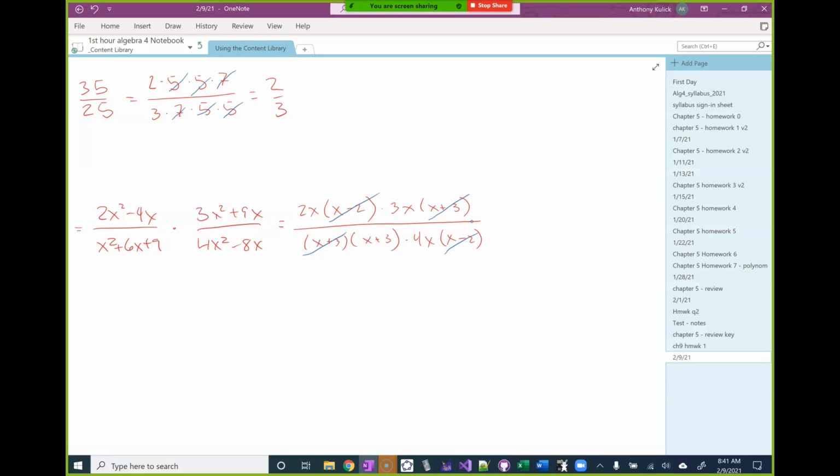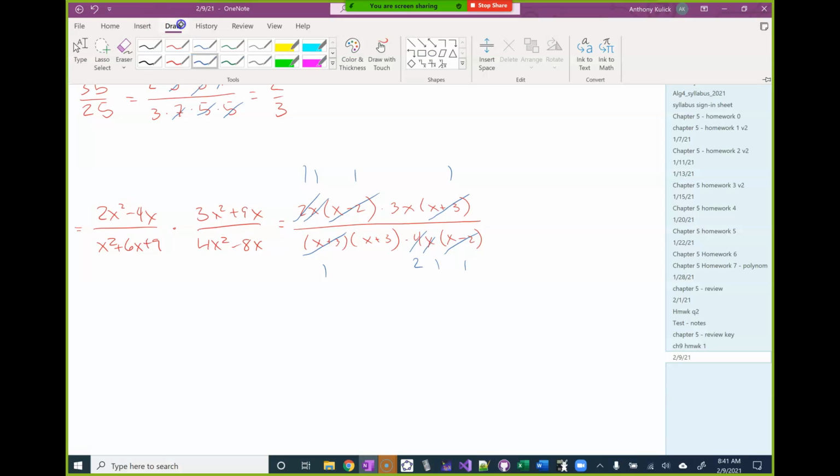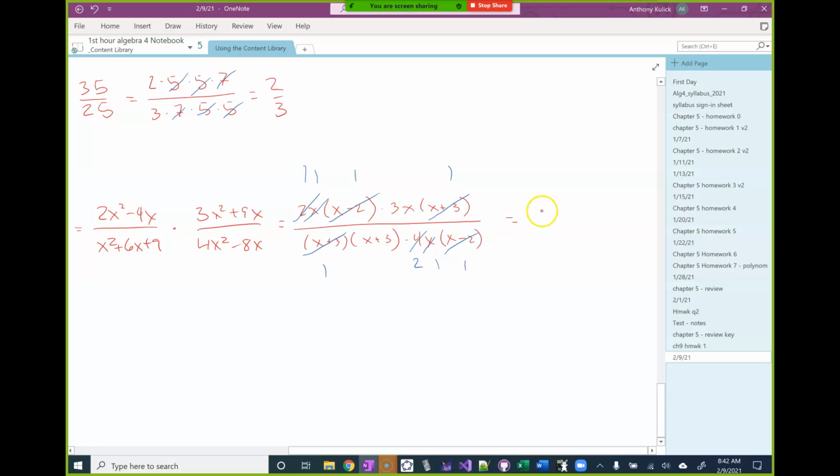Well, I can do the 2 and the 4, right? And then I can do an x with an x. Everybody's okay with that? So what are we left with in the numerator? Well, just 3. And in the denominator, we have 2 times x plus 3.